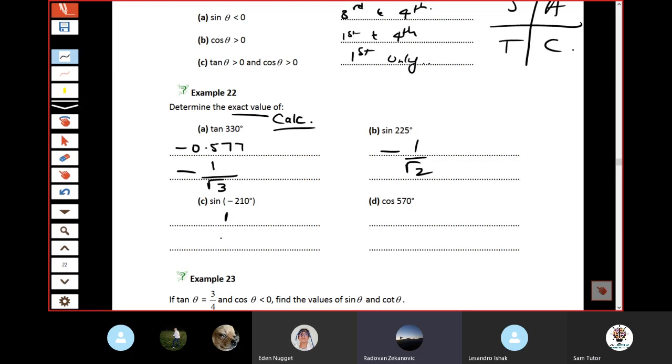Would it be negative 1 on 2? No. What did you put in your calculator? Sine 210. But why didn't you put sine negative 210? Is it because I said you can't put negatives? That one is inverse sine.